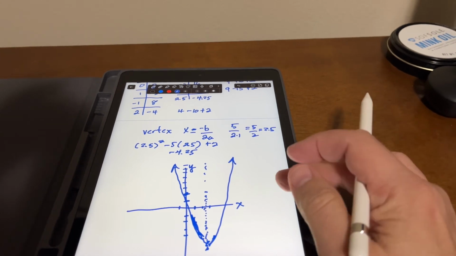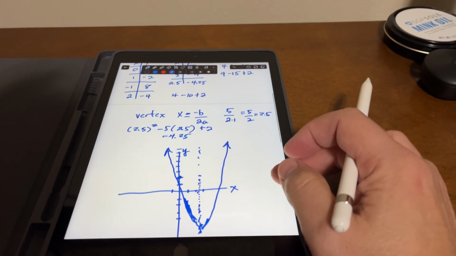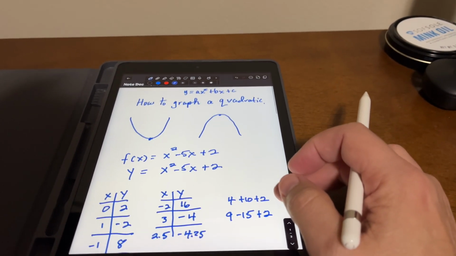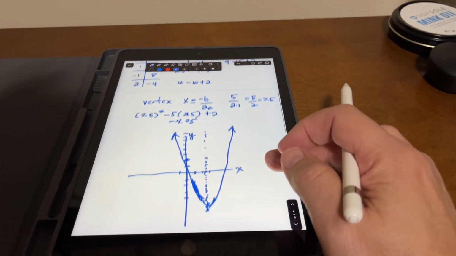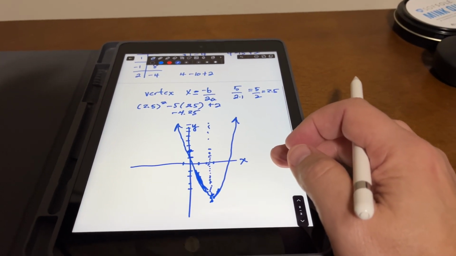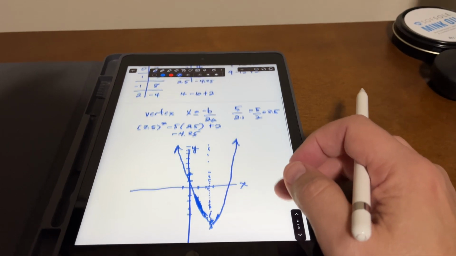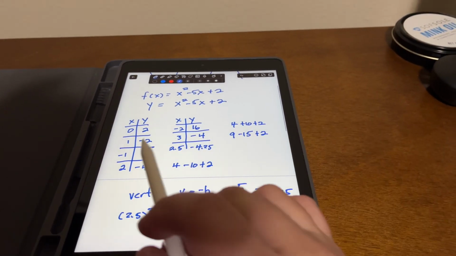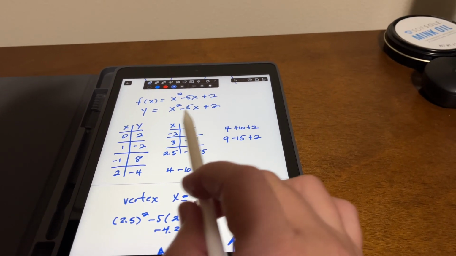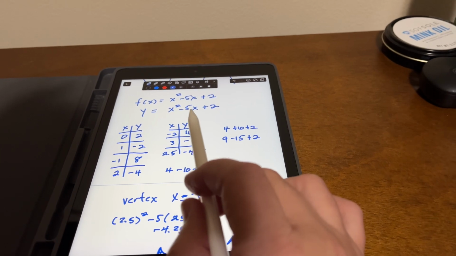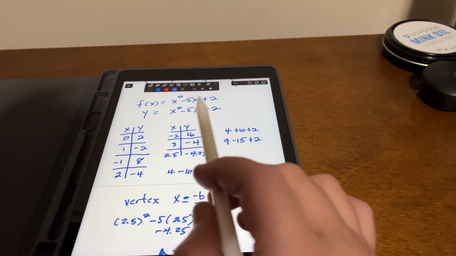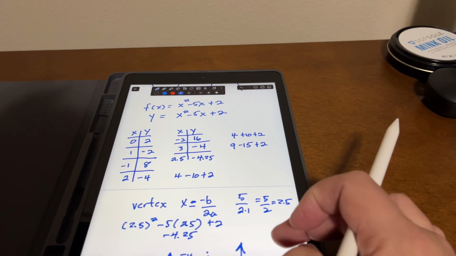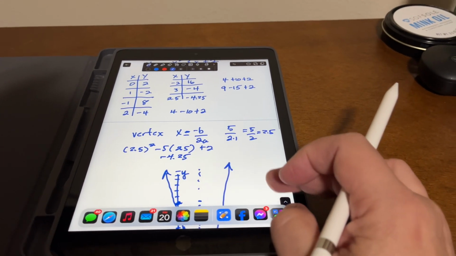So this is kind of a long way to graph a quadratic, but why I think this is important is if you can graph a quadratic this way, you're teaching a bunch of skills. So just the idea of being able to substitute values in and do the calculation teaches the order of operations and works on your mental math skills, and will serve you well for other types of equations as well.